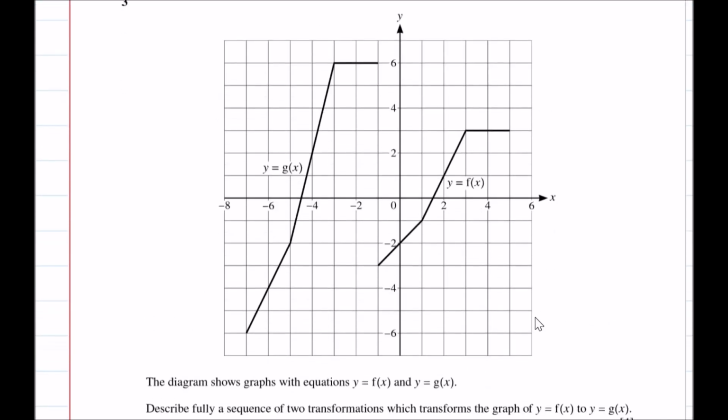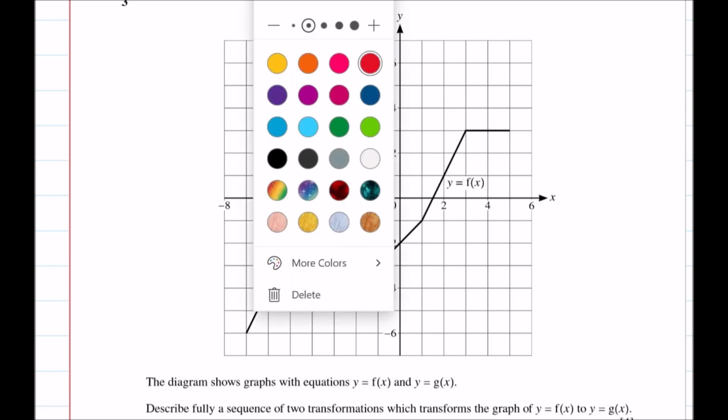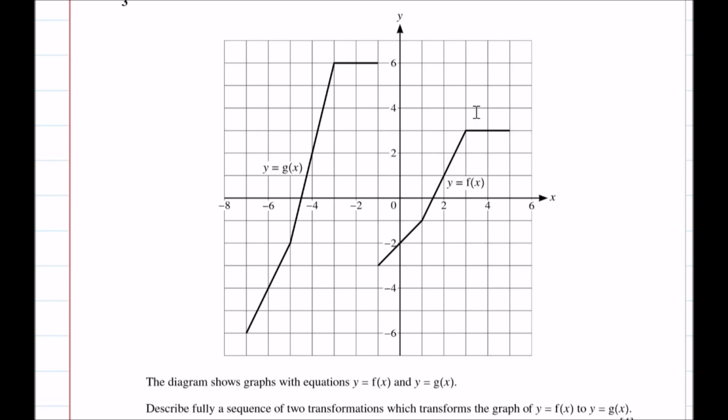Okay. So let us observe what is in the graph. You see the function here, we have the f(x) graph, which is this here. This is the g(x) graph.